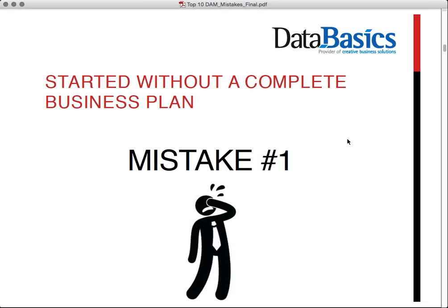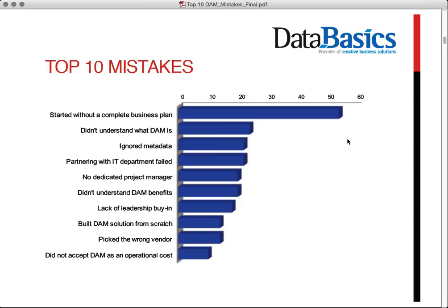Someone also said, focus on what you want to achieve and don't get sidetracked on possibilities. There weren't plans for accessibility of records. Some people failed to plan properly for the security of their files. And others left out a plan on how people were going to access the digital assets. So yeah, this all comes under the first topic, number 1, of started without a complete business plan.